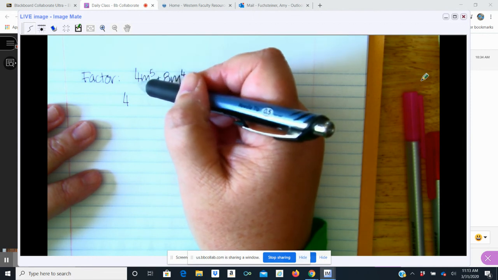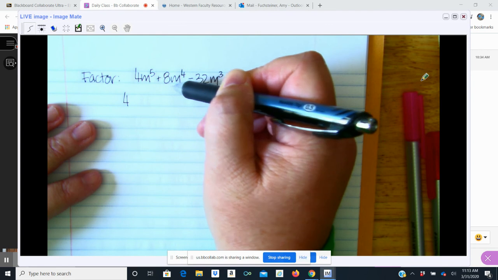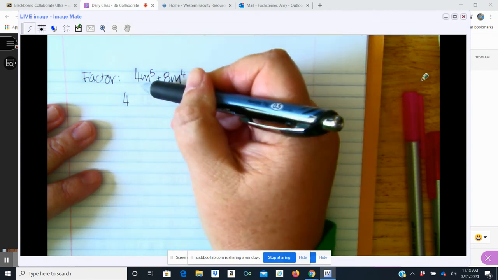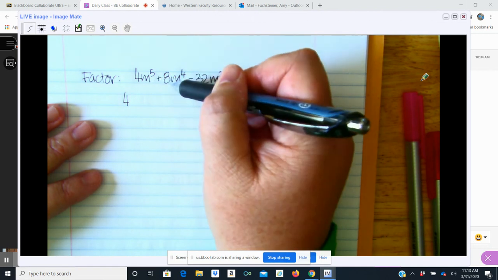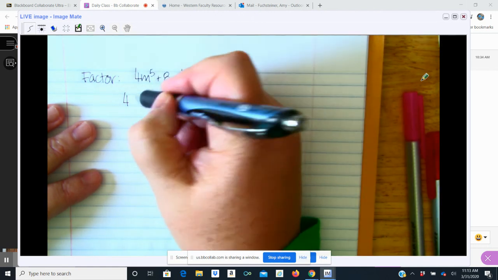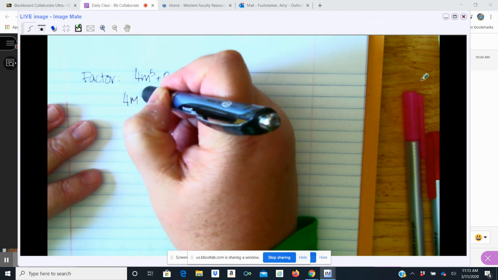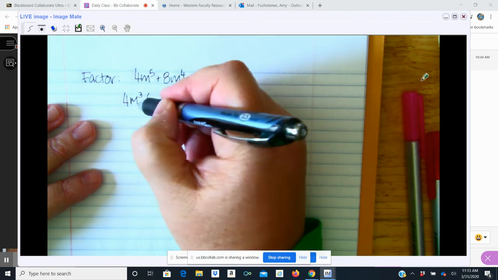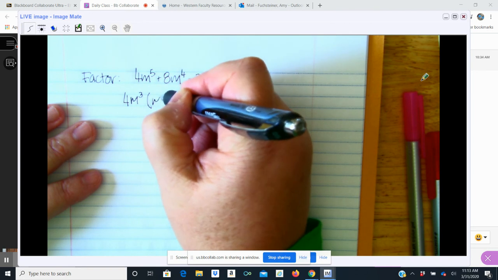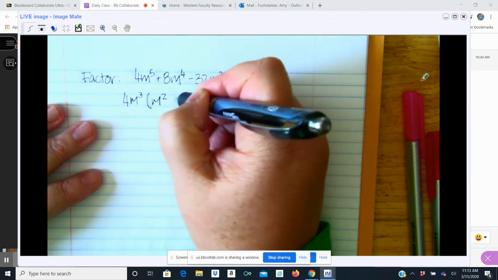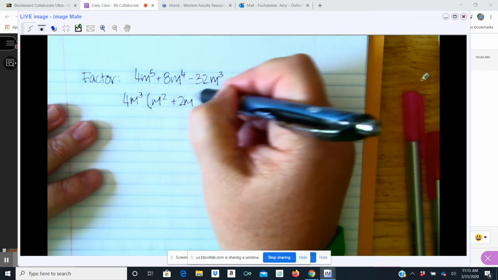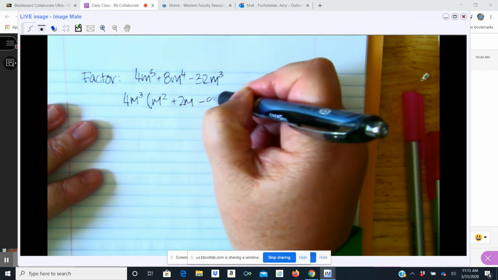Will 4 come out of everything here? Yeah, 4 will come out of 4, it'll come out of 8, it'll come out of 32. I can also pull out an m to the third. Yep. That's going to leave me with m squared plus 2m minus 8.